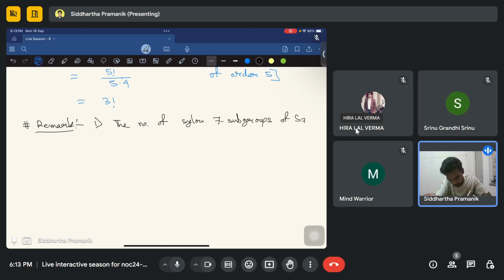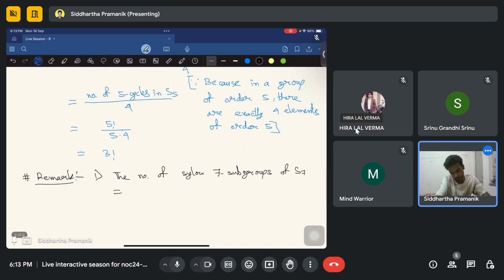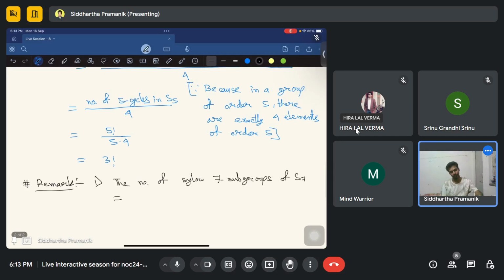Can you count it in a similar way? Just try. 120.